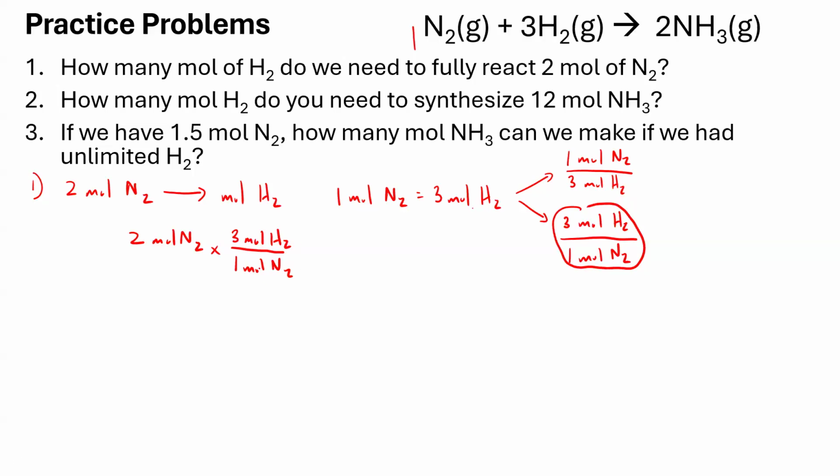All right, so let's look at what cancels out. Moles of N2 cancel out. It's just 2 times 3 divided by 1, which is 6 moles of H2. All right, that was number 1.